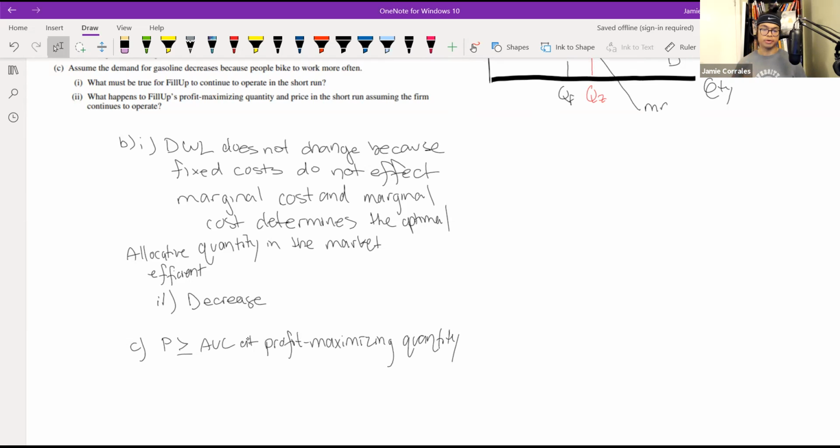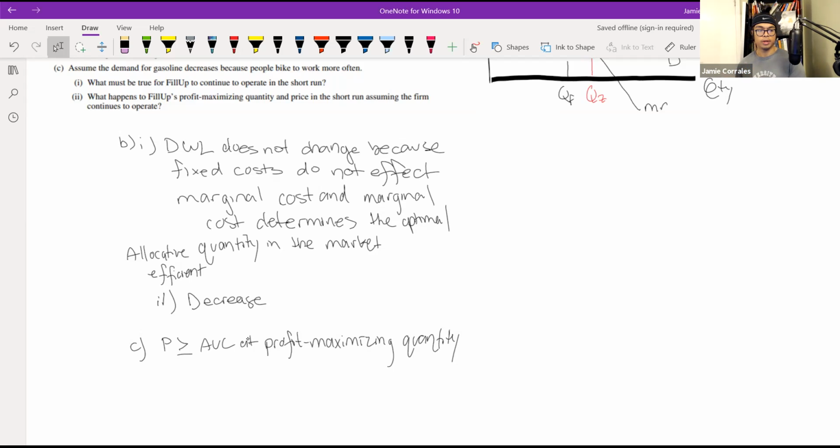Price has to be greater or equal to average variable cost. Why? Because if your price is lower than your average variable cost at the profit maximizing production, then the price that you sell the product at does not cover your, usually it's your labor cost. So think of it as you hire an additional worker, and he or she only brings in one hamburger, right? The price of one hamburger an hour, but you pay this worker an additional $14, which is your additional variable cost, right?